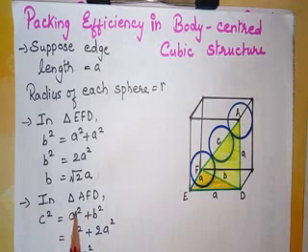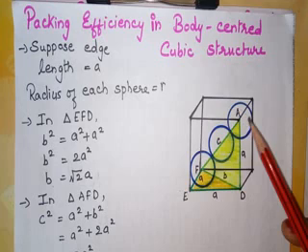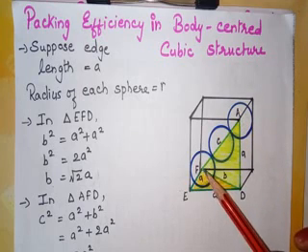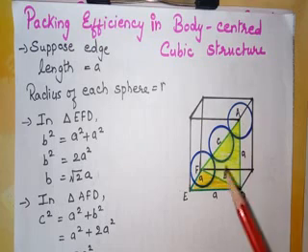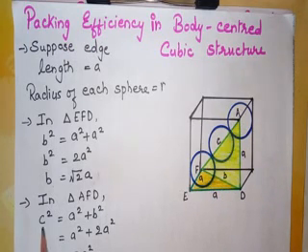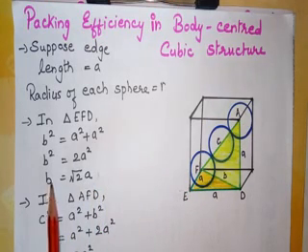Now consider the second triangle AFD, where AF is the body diagonal. Now this is c. So c square is equal to a square plus b square. So here we get a square plus 2a square, since we have substituted the value of b as root 2 a, so b square becomes 2a square.